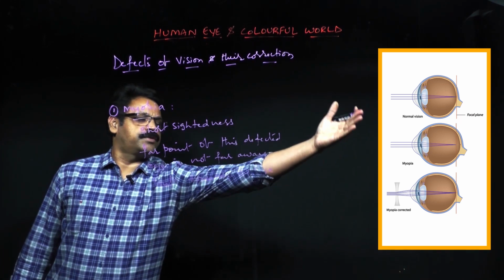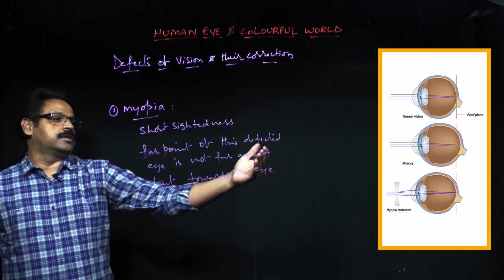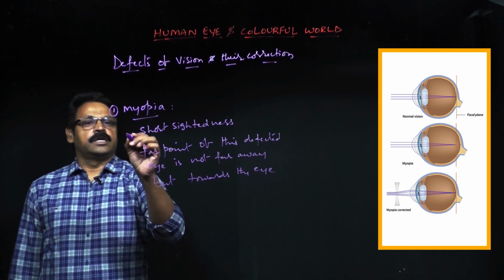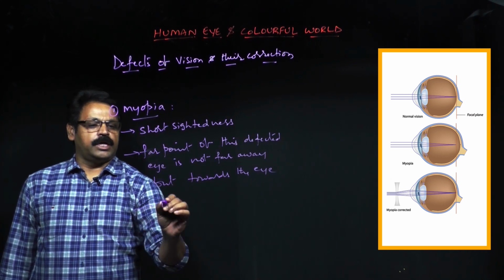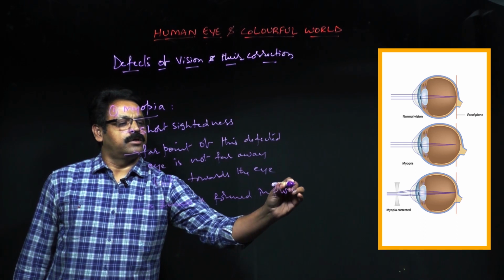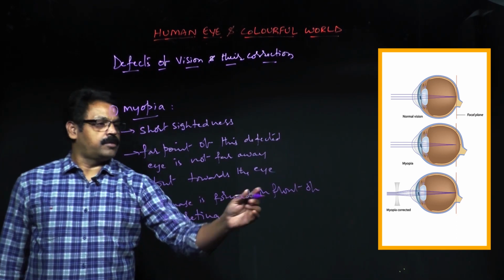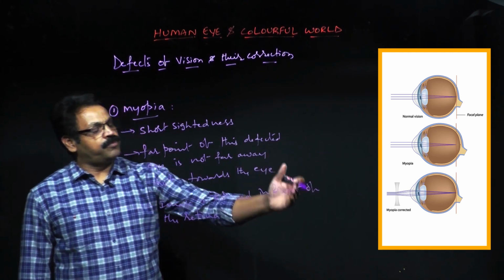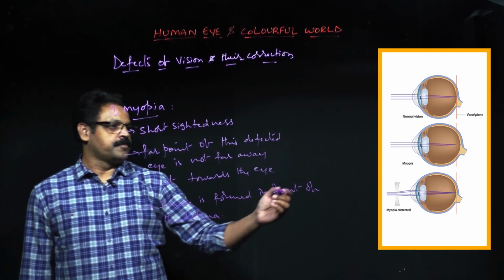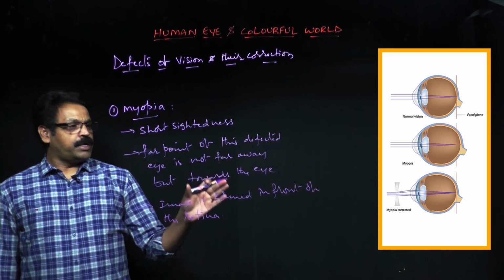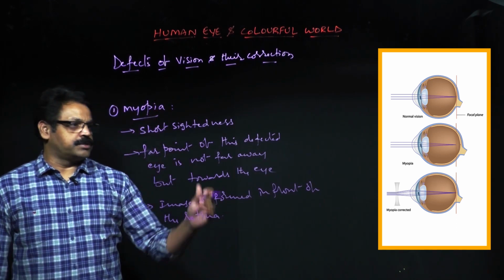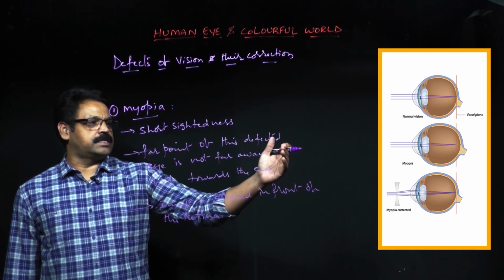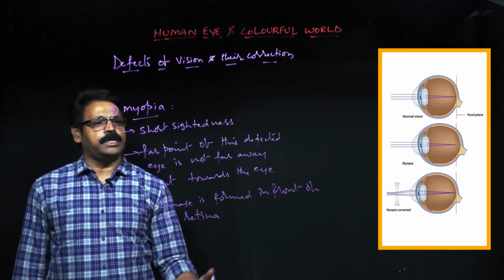You can check the far point is not at infinity, it is somewhat nearer. In that case, the image is formed in front of the retina. That you can observe in the figure shown here. So the image is not formed on the retina, it is formed somewhat before the retina. That is the reason he can see the nearby objects clearly but not the farther objects, because for farther objects the focus will be before the retina itself. That is the reason farther objects cannot be seen properly.